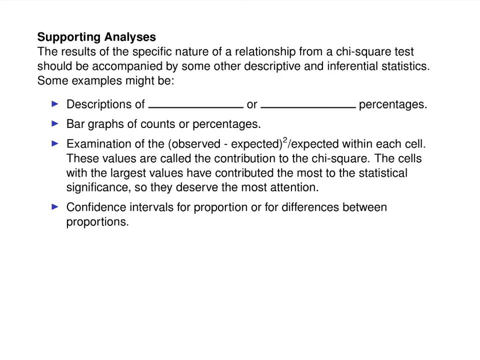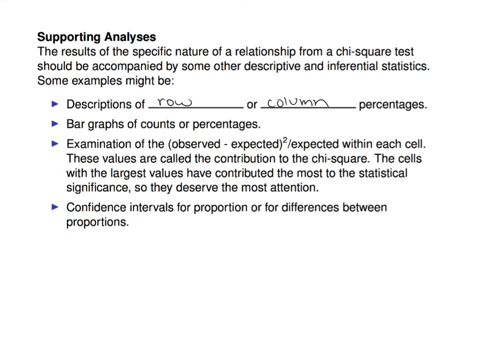So the results of the specific nature of a relationship from a chi-square test should be accompanied by some other descriptive and inferential statistics. Some examples might be descriptions of row or column percentages. That's going to give the reader an idea of how different this actually is. So is the difference large or small will be displayed in the row and column percentages.